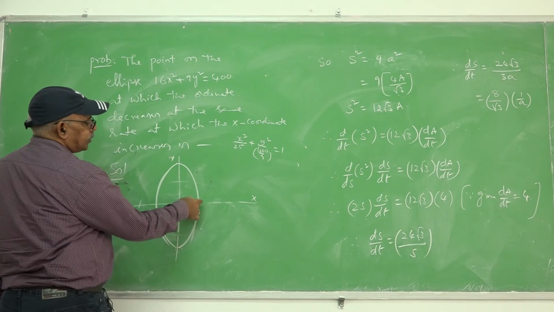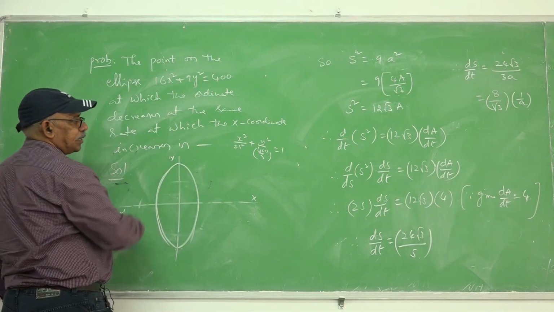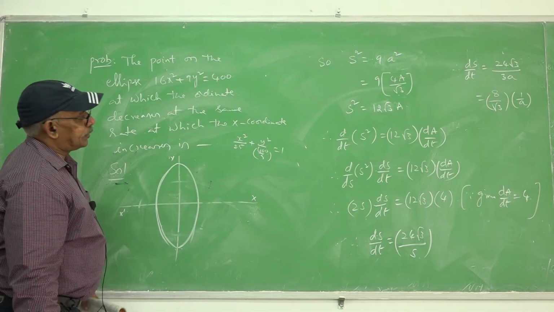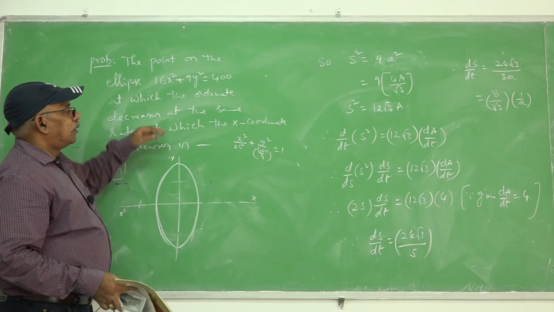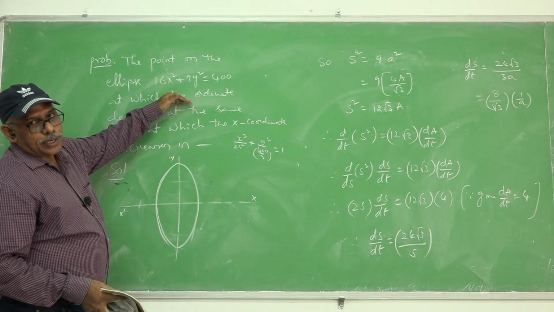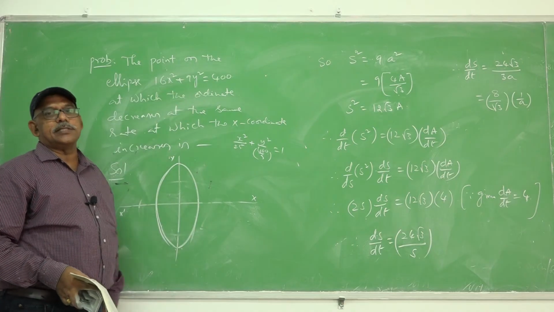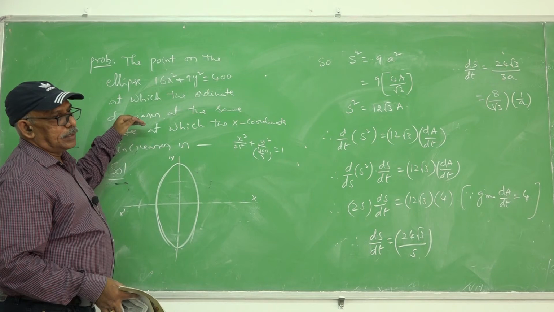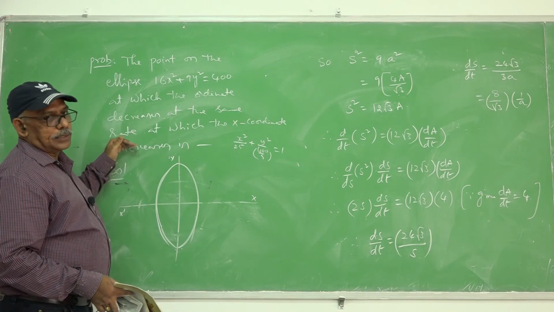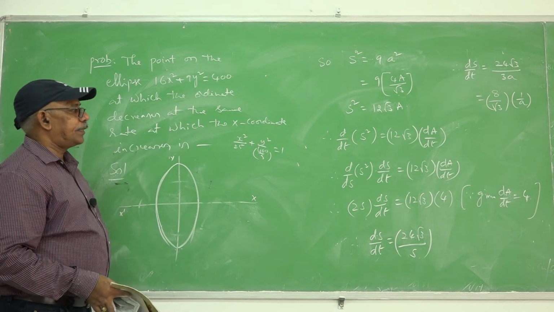A particle is moving on this ellipse, so that the rate of change of the ordinate, the rate of change of y coordinate, is same to that of the rate of change of x coordinate.